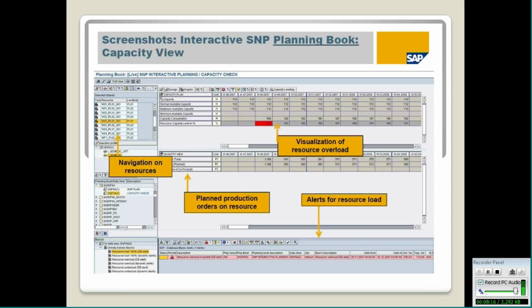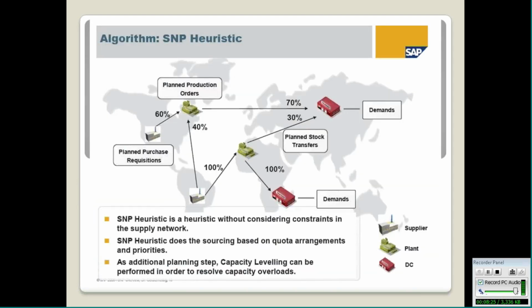And what is the heuristic? Like in R3, how we run MRP2, the same thing the heuristic will do. But the heuristic has more features compared to that. Basically, if you run the heuristic, it will generate infinite planning. It will not constrain any capacity.